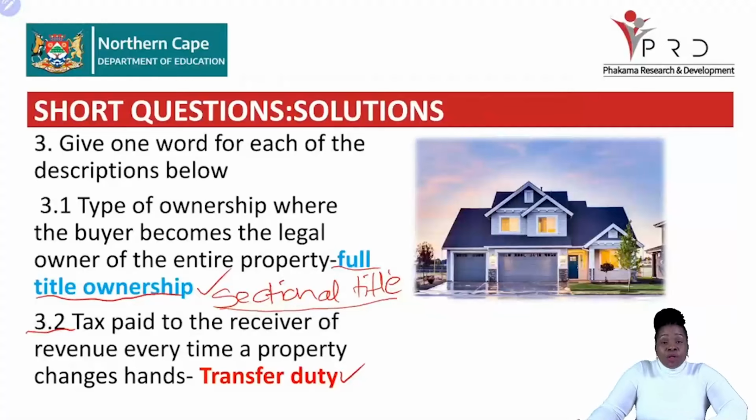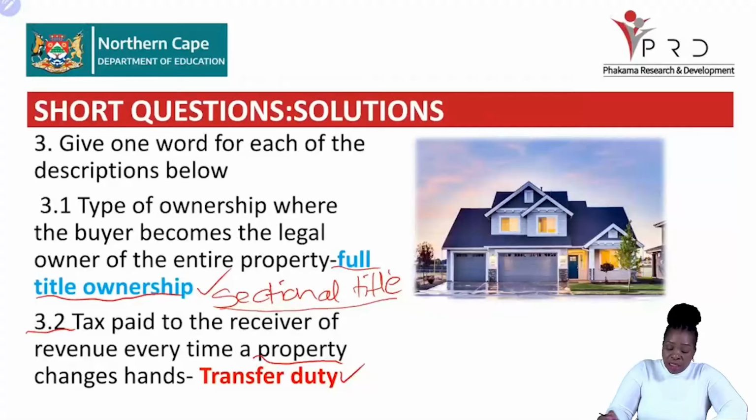Right. When we talk about property, we are talking about a house, business premises that somebody is selling, or maybe the land that you own. So you decide to sell your business, you decide to sell your house, or you decide to sell the land or the farm that you own.